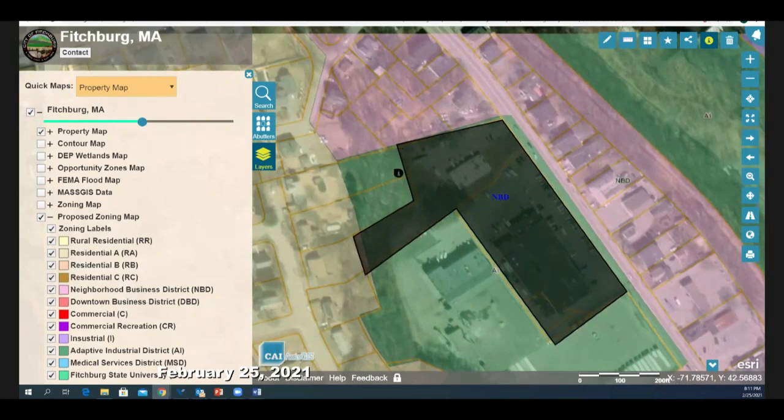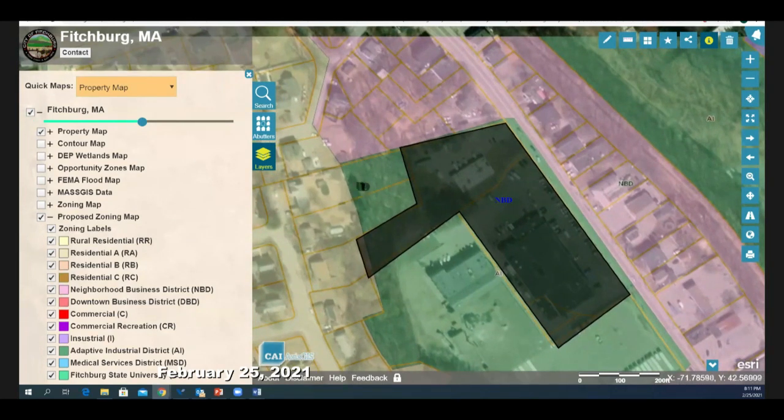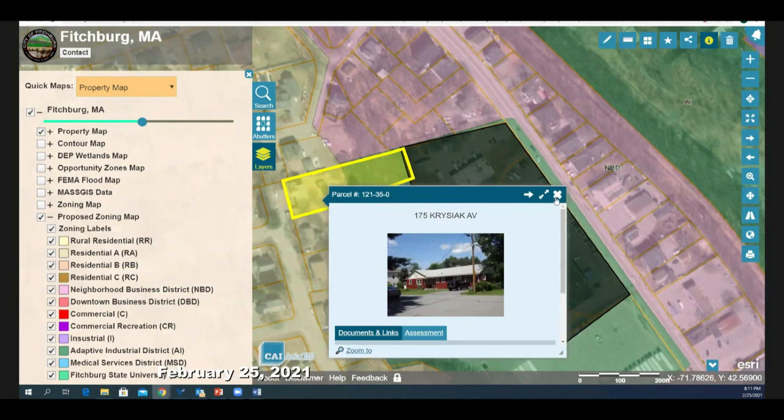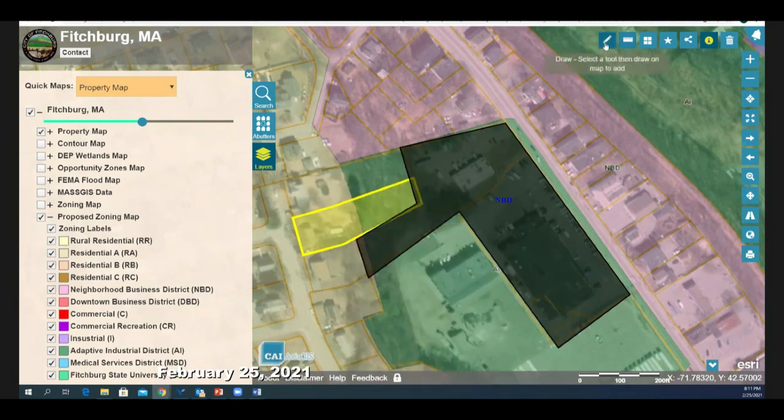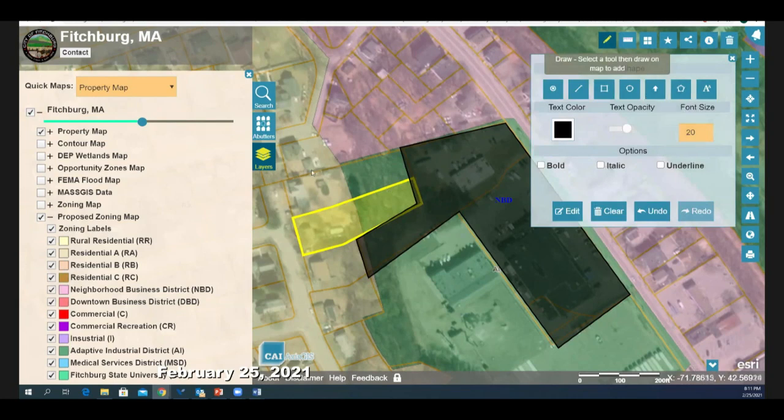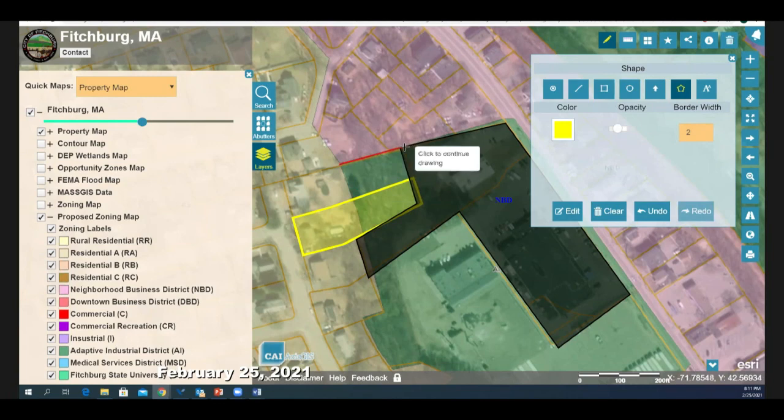But I certainly could see the reason why you would want to make that adjustment. Are those sections part of the lots going to the west? No, they're fronting Krisiak, so they are residential. Okay, so we can make them consistent with the houses, I think. Yep. And the same to the south when you scroll down a little bit.